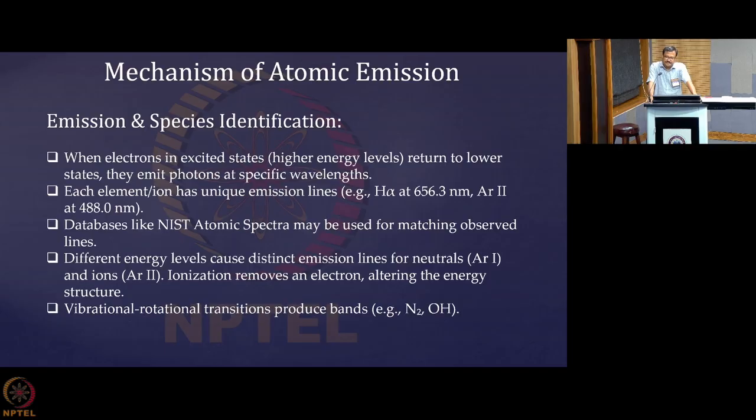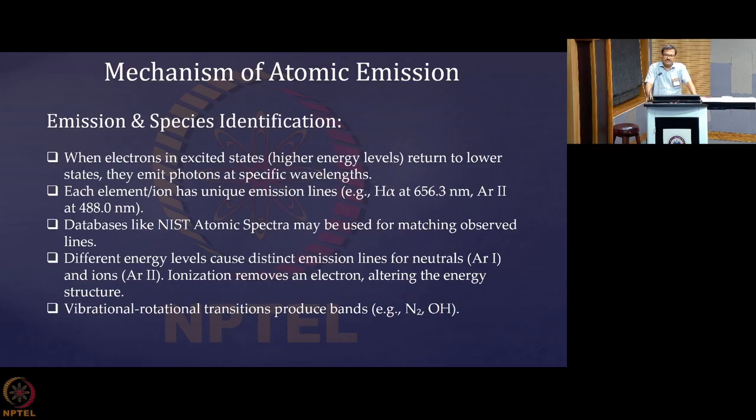Now it is always a question whether argon in neutral state and argon ionized will have the same energy levels or not, because after all they are both argon, one just not ionized and one ionized. Actually, in the spectral database, argon 1 means the argon atom and argon 2 means the first ionized argon.